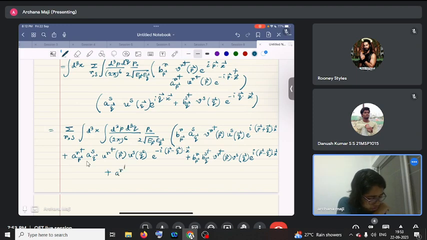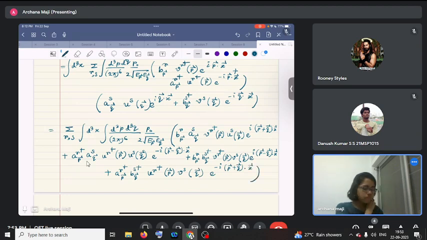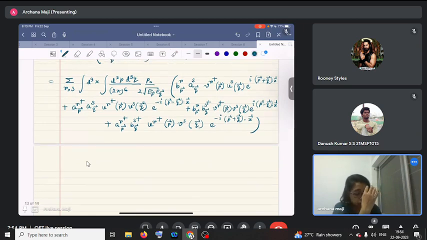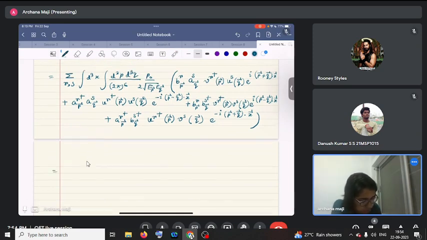The last term is, okay. So see, there is this d3x which, when multiplied by this exponential, will give us a delta function.